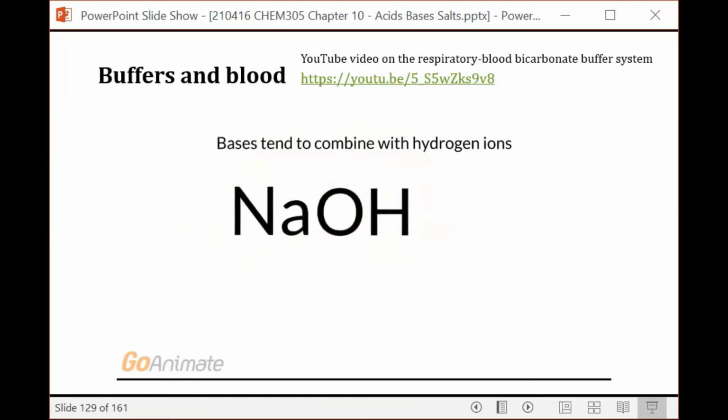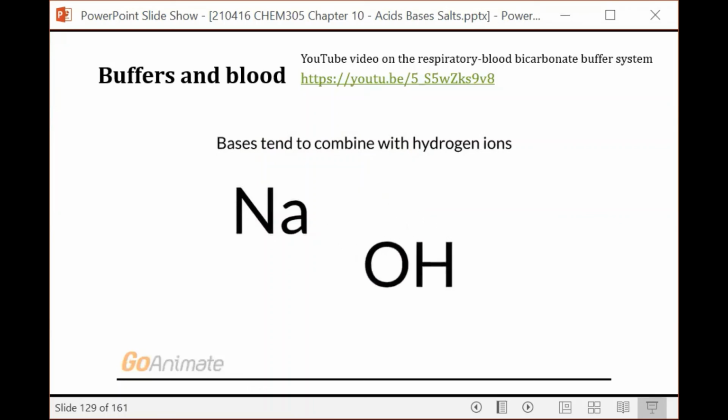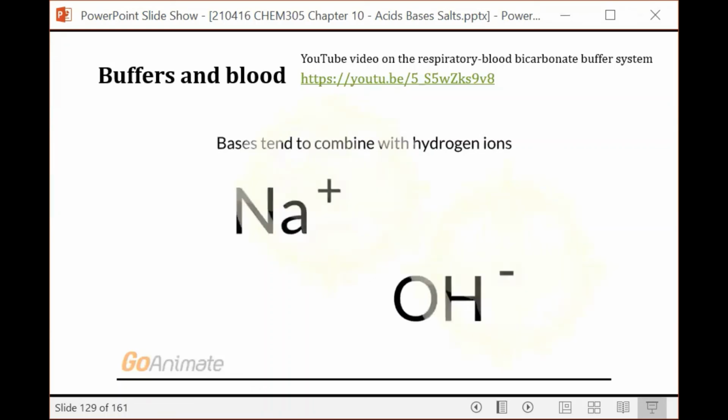Bases tend to combine with hydrogen ions, neutralizing them to form water. For example, sodium hydroxide dissociates into sodium and hydroxyl groups. The hydroxyl ion combines with the hydrogen ion, neutralizing it. As a solution's hydrogen ion concentration decreases, its pH goes up, making the solution more alkaline.